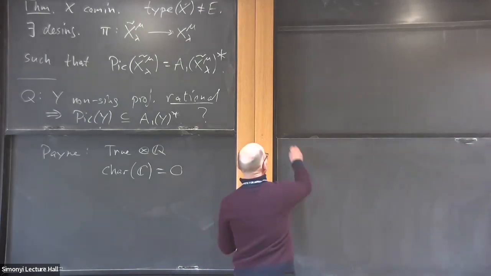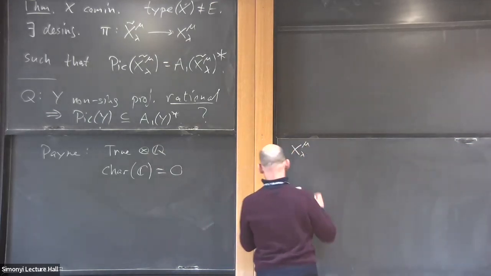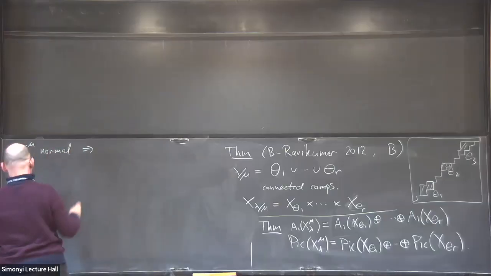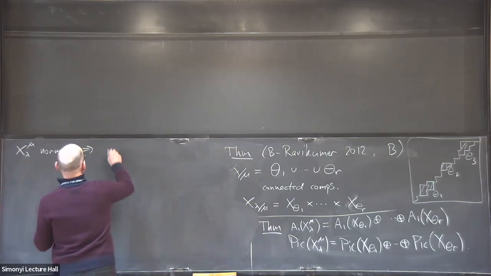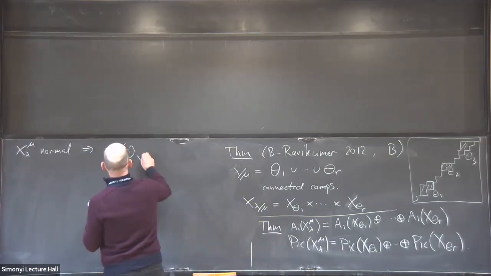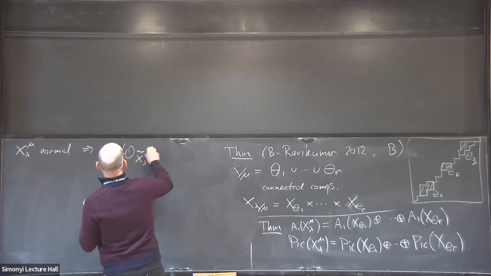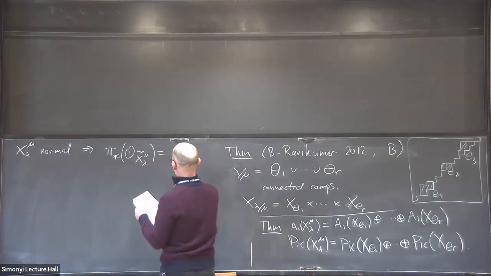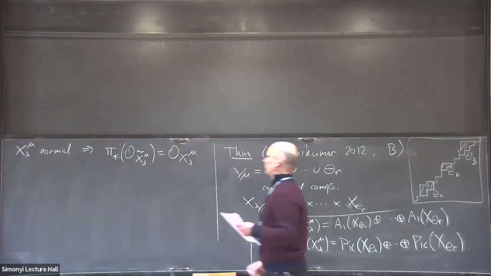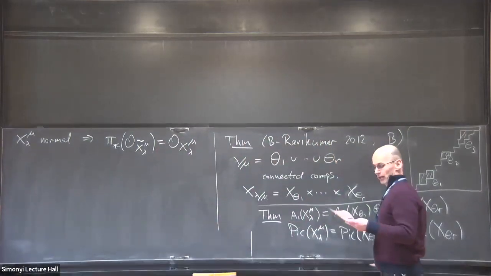Anyway, the Richardson variety is normal. That means that if you take the push forward of the structure sheaf on any resolution of singularities, then you just get the structure sheaf of the Richardson variety.